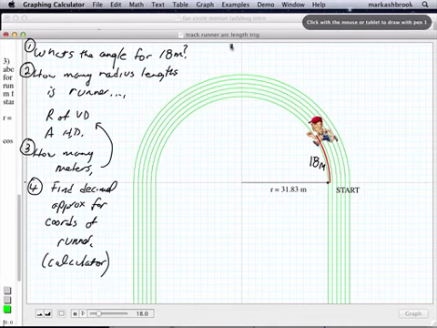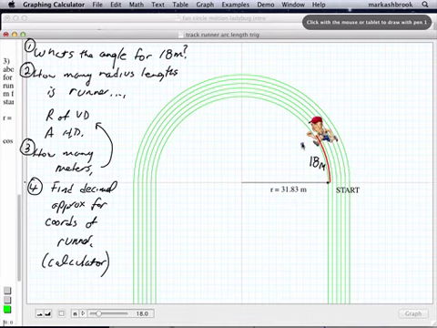Okay. What's the angle associated with this runner going 18 meters around the arc? What's the angle associated with that? He's offered up 18 divided by 31.83.